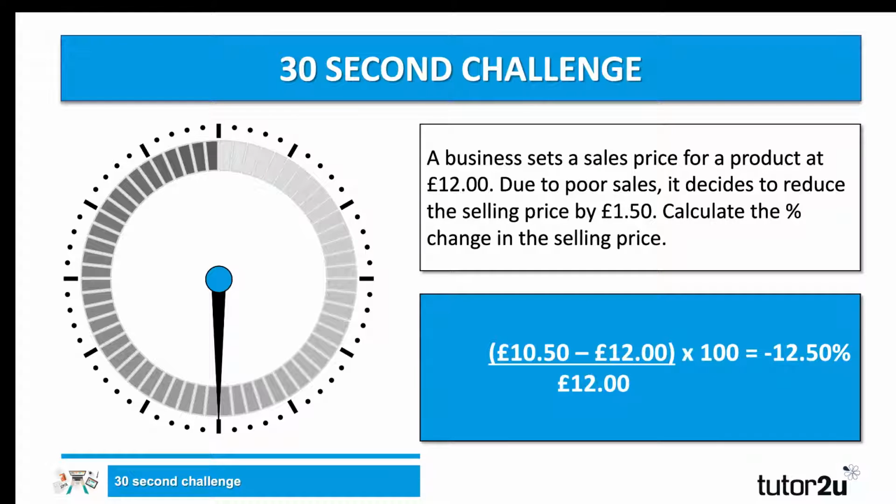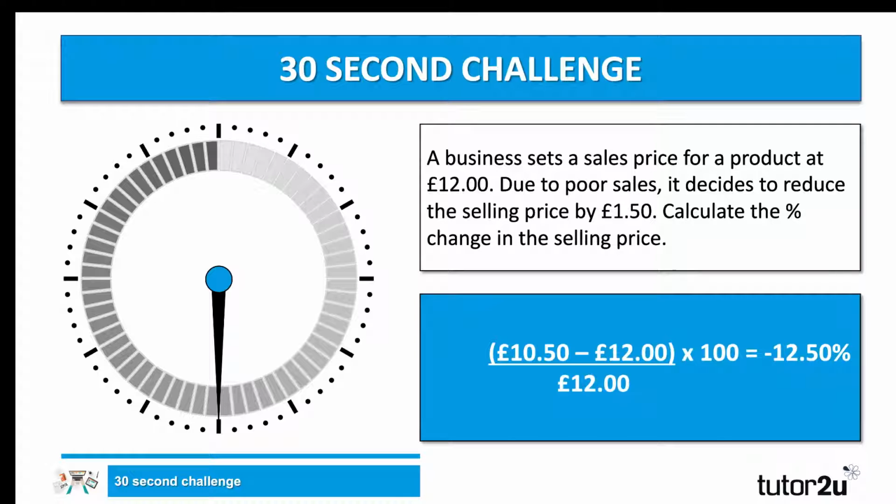And the answer is, and someone actually got this, fantastic, minus 12.5%. So recognizing that this is a percentage decrease, it's actually gone down. So how we work out a percentage increase or decrease, it's the difference divided by the original times 100. So that's absolutely fantastic if you got that.